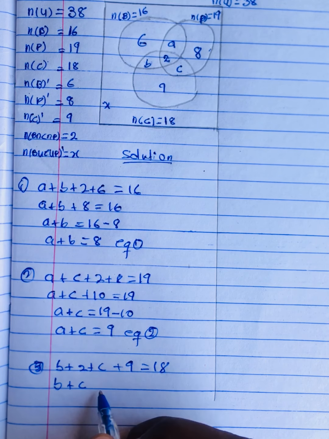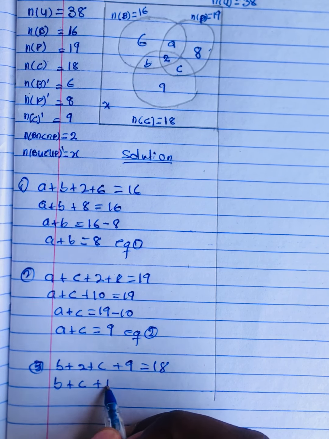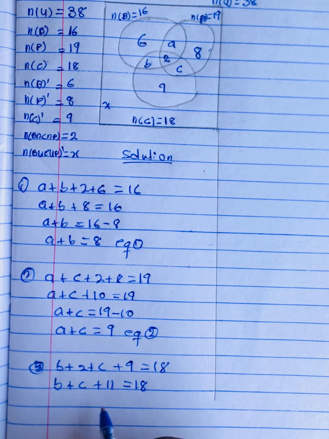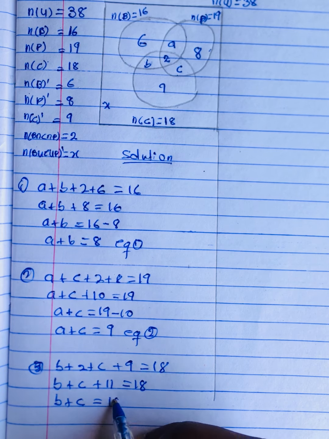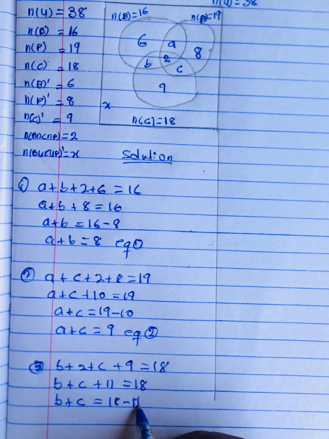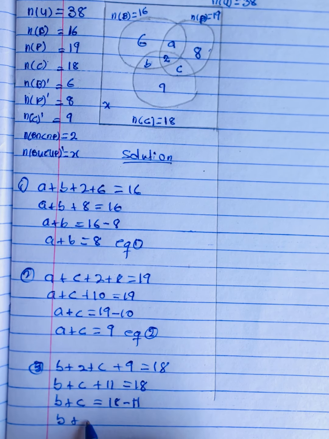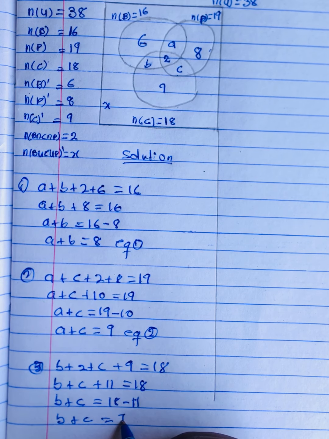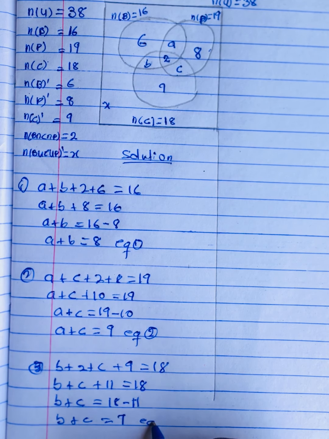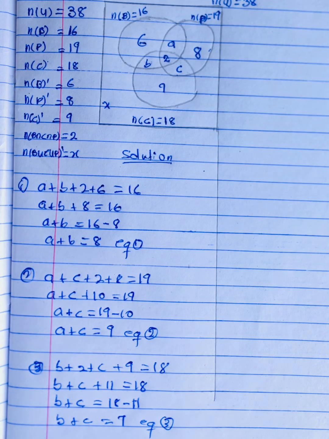B plus C plus this 11 is equal to 18. B plus C is equal to 18 minus 11. So B plus C is equal to 7. That is equation 3. Can you see?